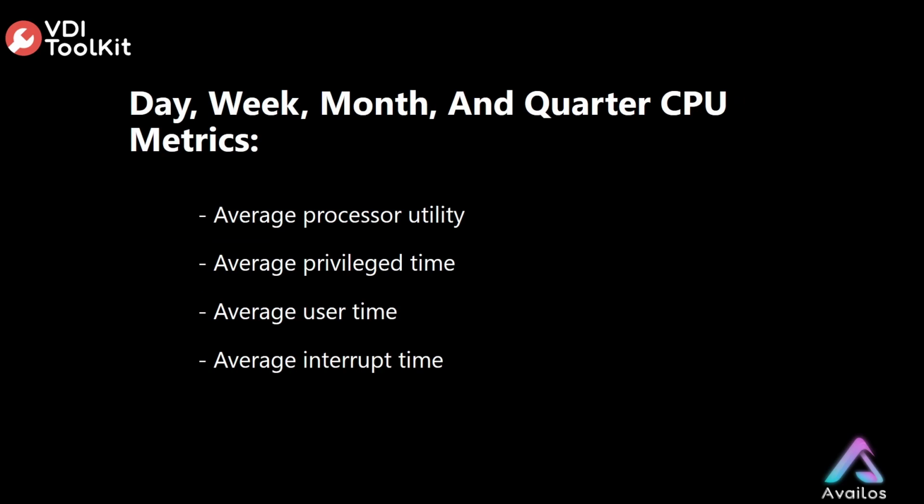Next, we have day, week, month, and quarter CPU metrics, which provide information on the average processor utility, average privilege time, average user time, and average interrupt time over the specified time frame.